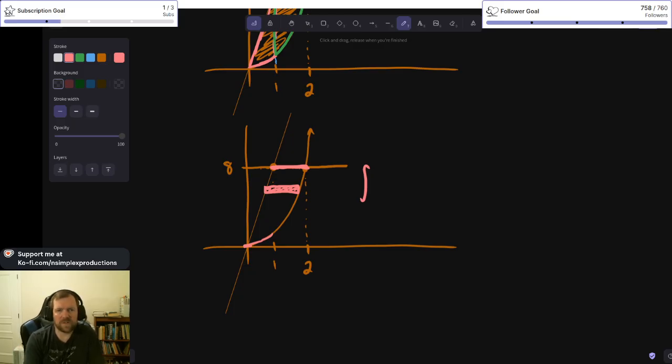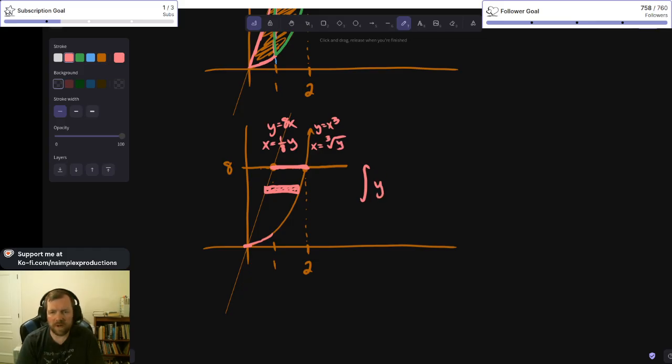In this case, again, this was y equals 8x. So make it x equals 1/8 y. And this was y equals x cubed. Great, make this x equals the cube root of y.